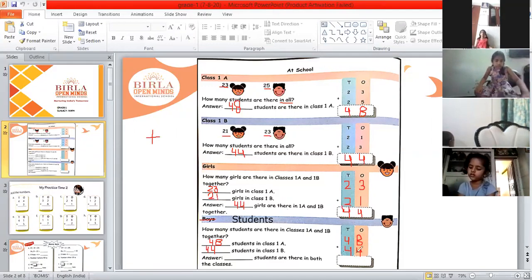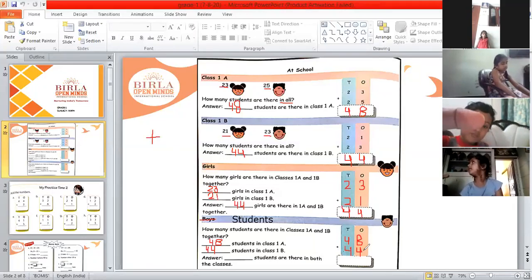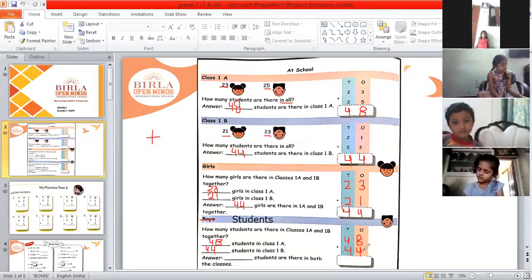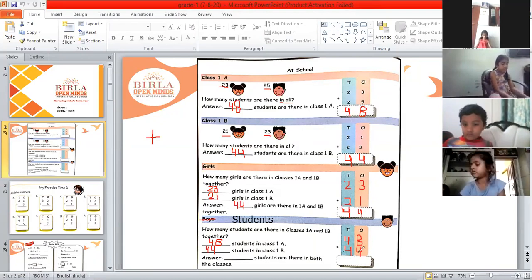Okay, children? So now, children, what you have to do is, in one's place, numbers are 8 and 4. And always remember this thing, whenever we are doing addition, we add the number in one's place first. So in one's place, numbers are 8 and 4. We will take out 4 fingers.